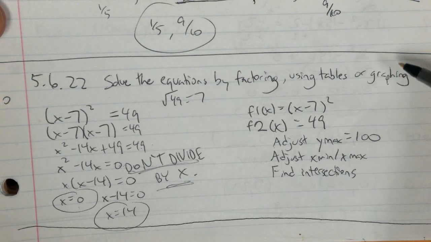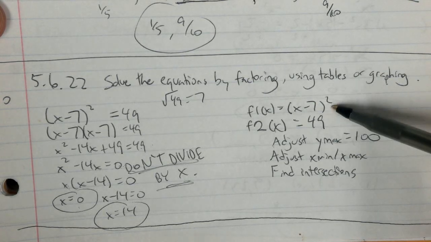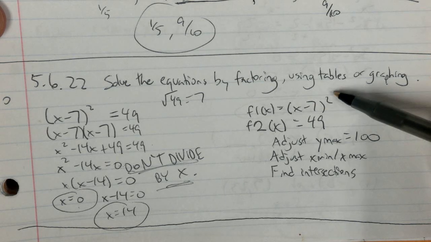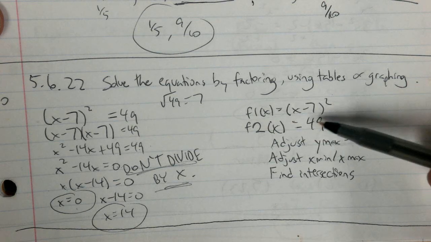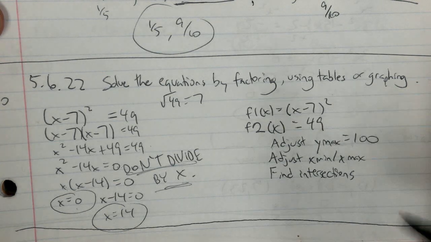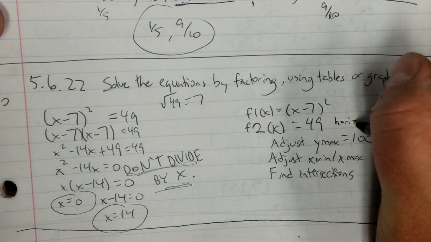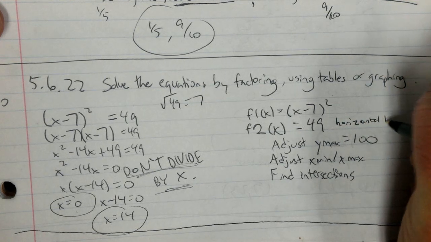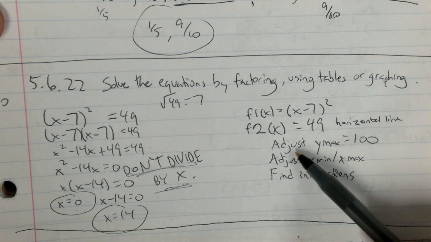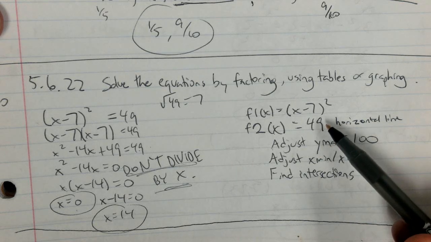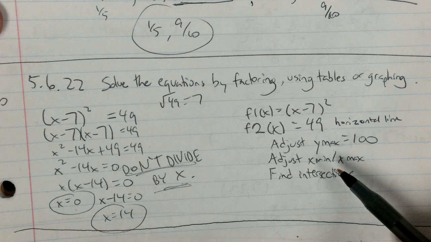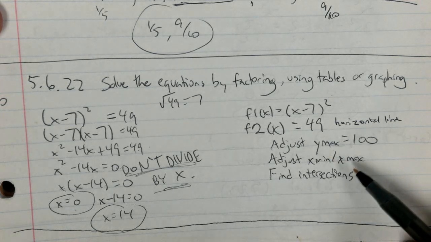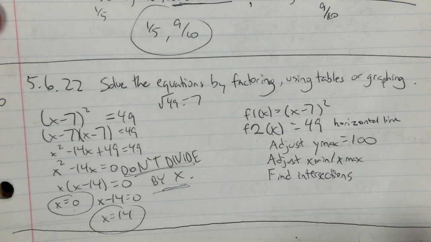Again, if you wanted to do it by graphing, you could say x minus 7 squared would be your first function, and your second function would be f2(x) equals 49, which is a horizontal line. Then you'd have to adjust your y max to be higher than that, like 100, and then adjust your x min and x max as needed, and find your intersections.